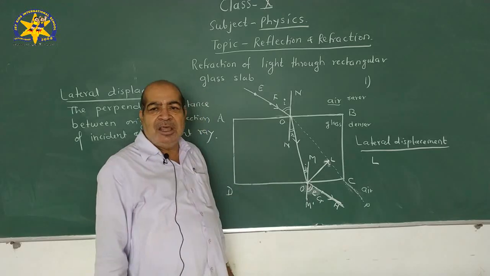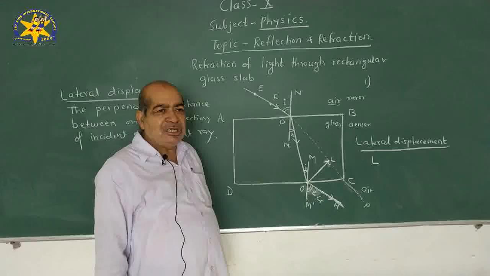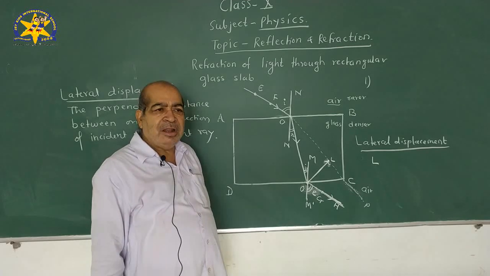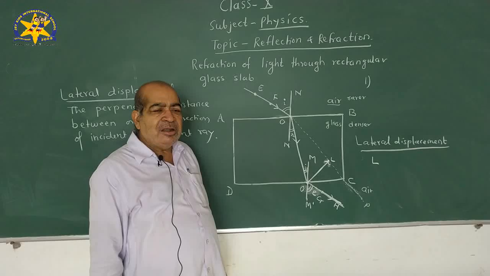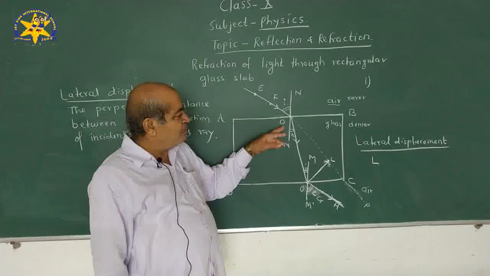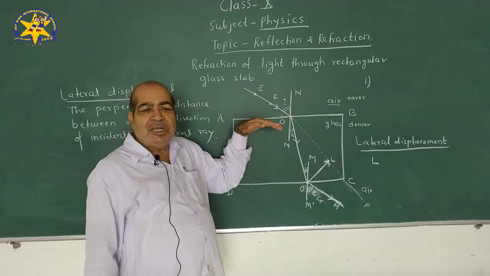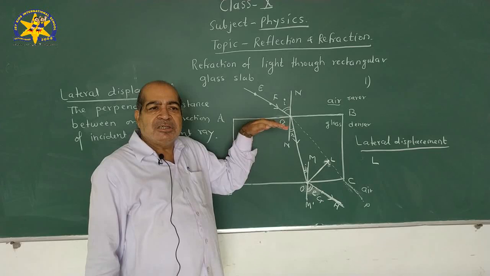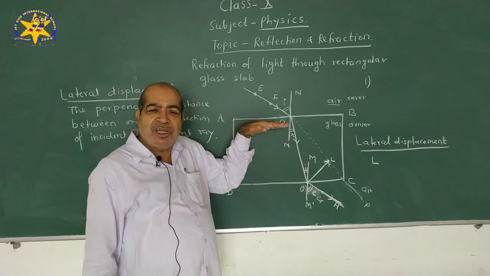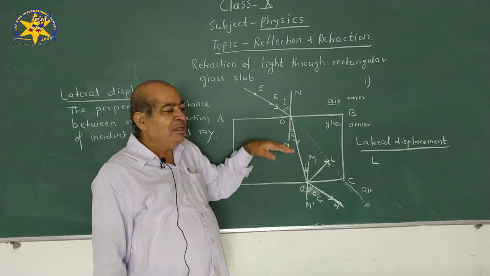So this is the first law of refraction: the incident ray, the refracted ray, and the normal drawn to the interface. AB is called the interface. Interface means the surface separating the two media.